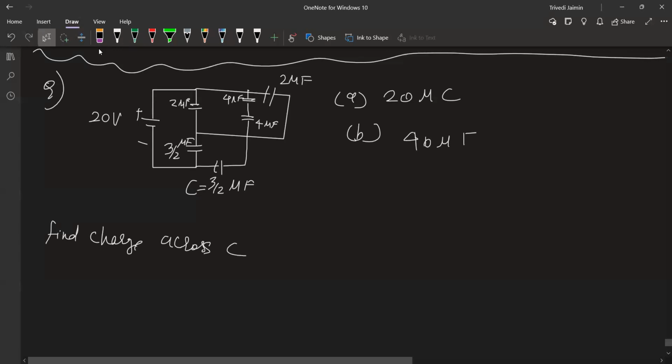Is it a printing mistake? Okay, let it be. 10 microcoulomb. Okay, just for confusing, they are giving farad.